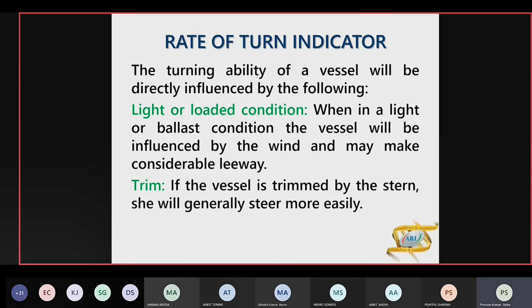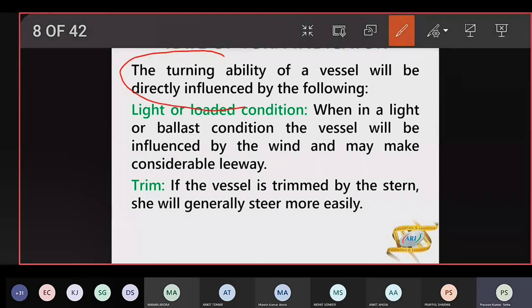This may form a question. This may be a question. What are the factors that will affect the turning ability of the ship?